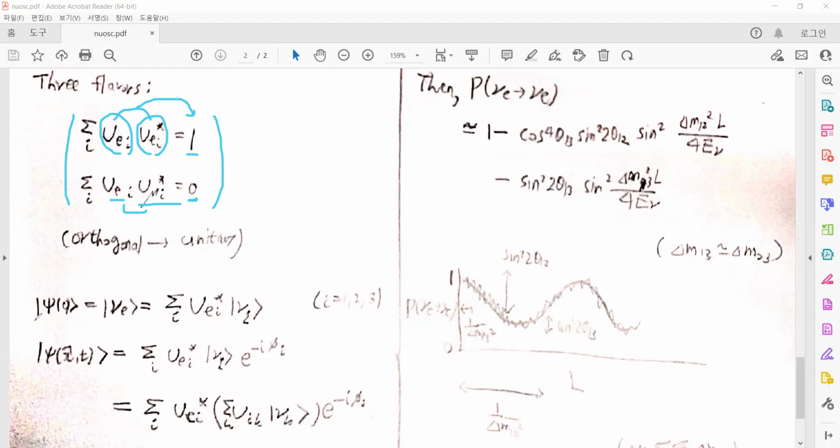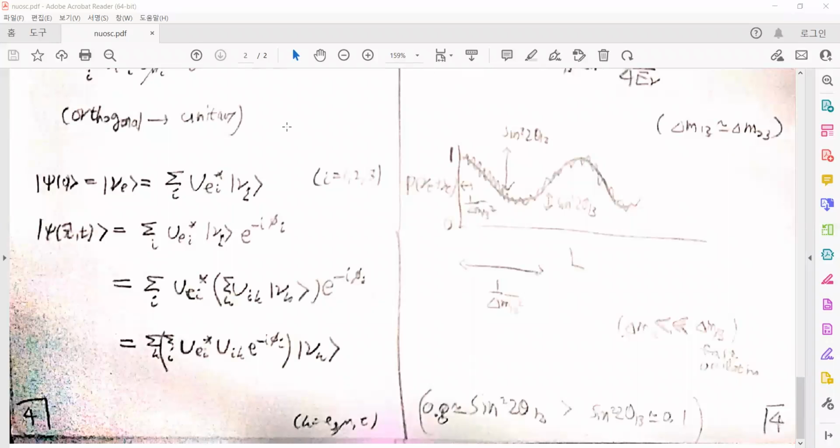So with this process, we start with the initial state equal to the electron neutrino, and it can be converted into a linear combination of the mass eigenstates. After the propagation at distance x and time t, there will be time evolution factors, and also the mass eigenstates can be converted into linear combinations of the flavor eigenstates.